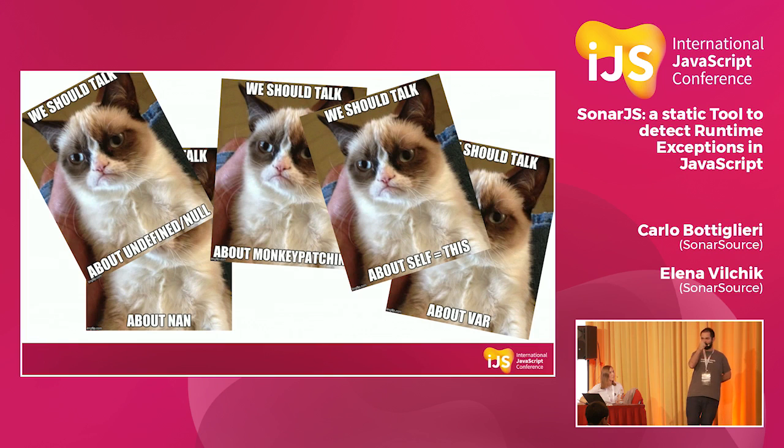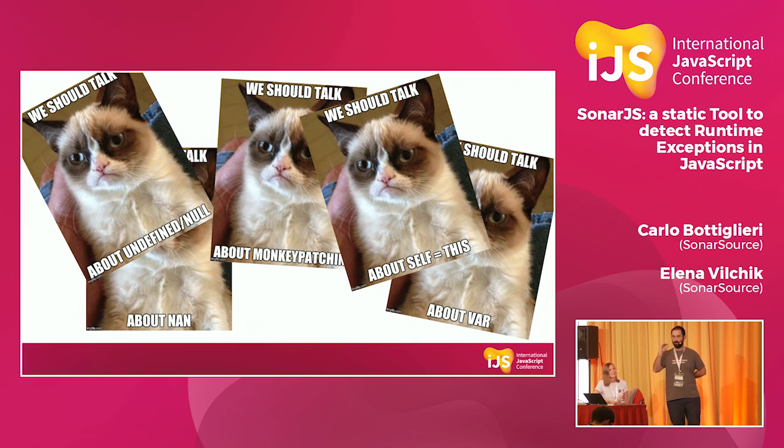So the first thing that we decided was, let's make sure that the default profile, the default rule set that we give you when you're using the analyzer the first time, is as uncontroversial as possible.